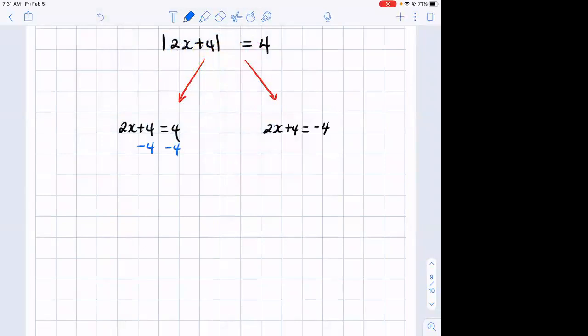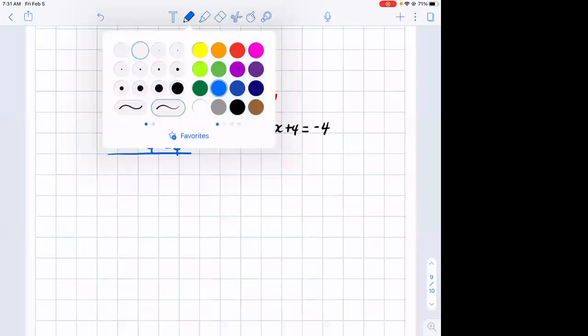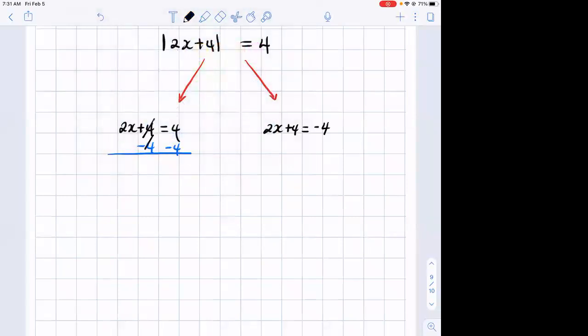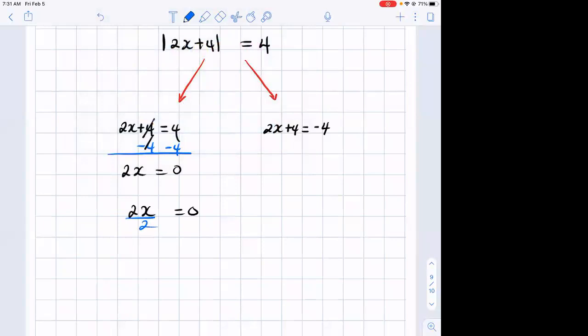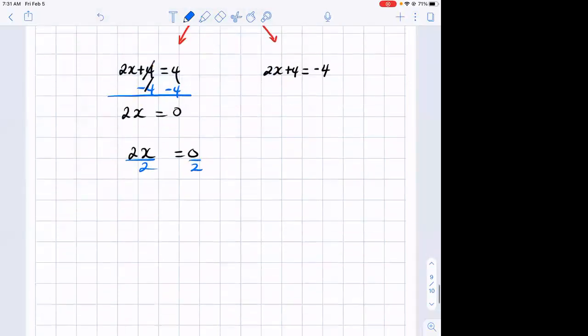So minus 4. Okay? This will cancel out. So we have 2x is equal to 0. Divide both sides by 2. So then we have x is equal to 0.